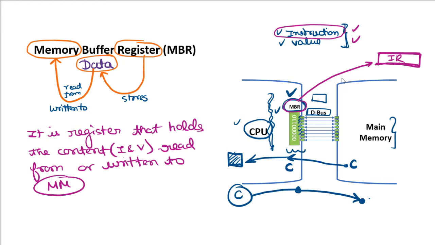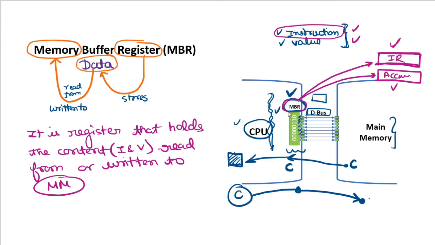If it is a value or data, it is sent to the accumulator. That is also a special purpose register. No need to worry, we will be discussing both of them. For now I'm just showing you that the MBR is the one.